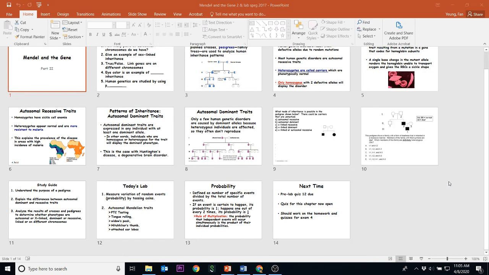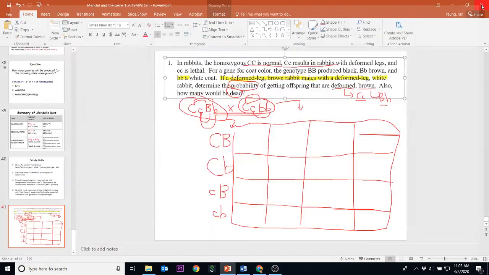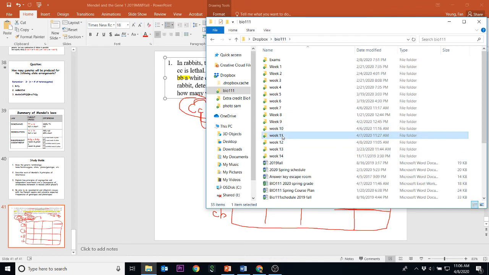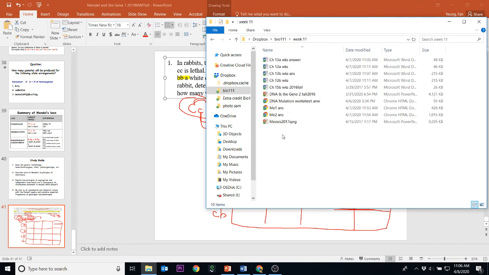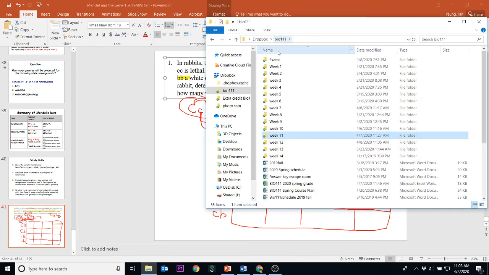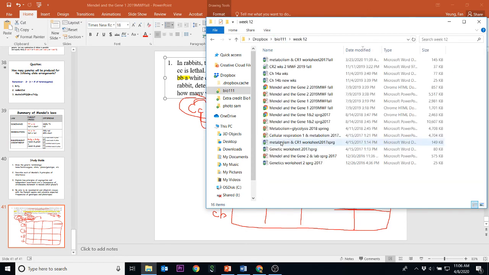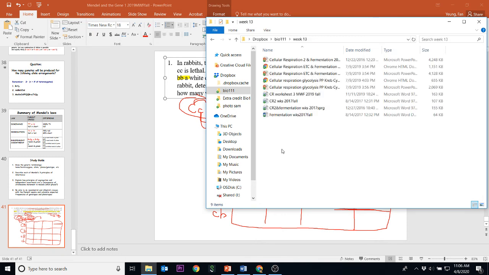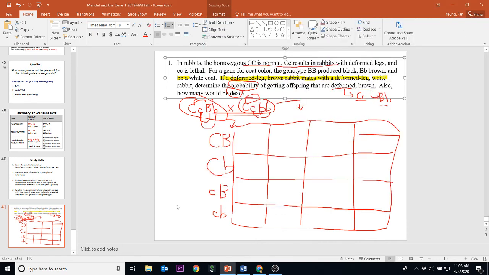Where's my lab? Okay, let's look at the lab.